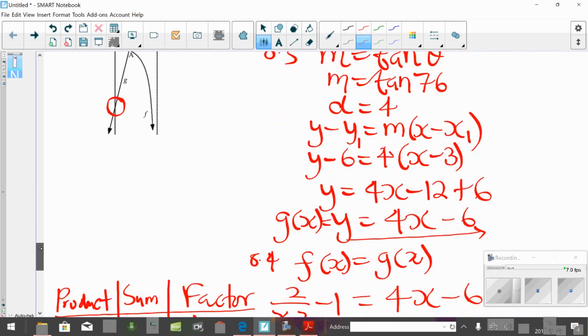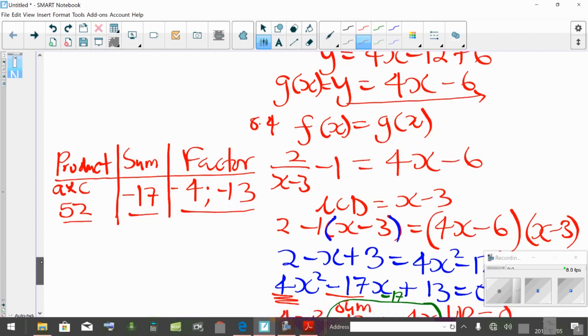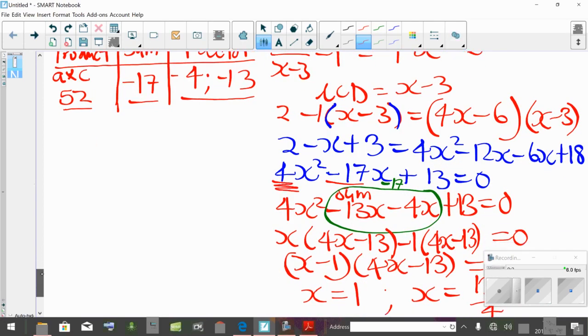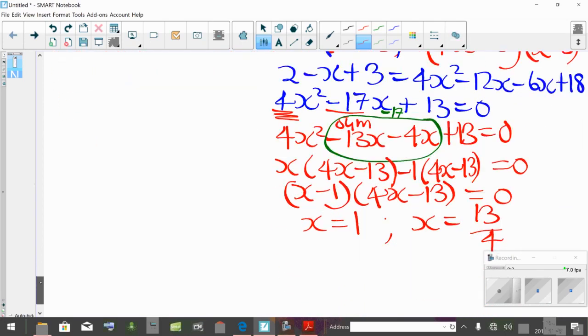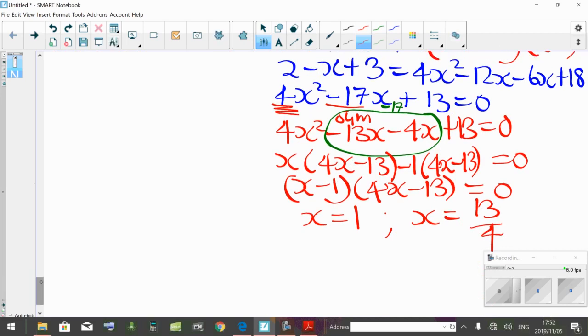Now that we have the x values, remember A and C are at the points of intersection of G and F. We can take our x values and substitute them either in F or in G. But since I like to make my life easy, I'm going to substitute in G. Remember we said G of x is 4x minus 6.